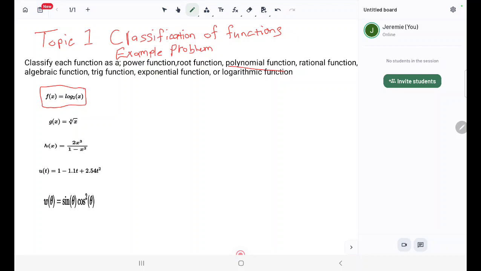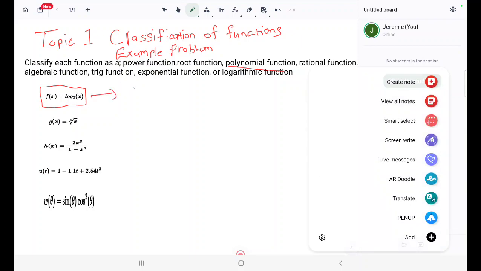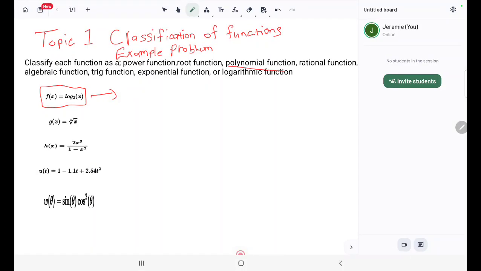What kind of function is this? Well, this really is a logarithmic function. And hopefully that is clear from the context.